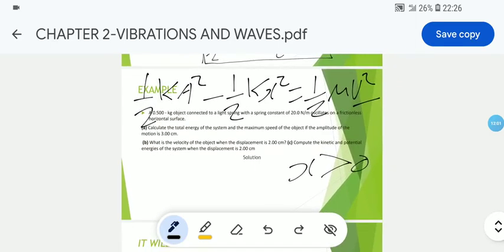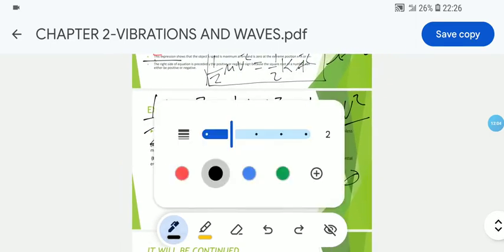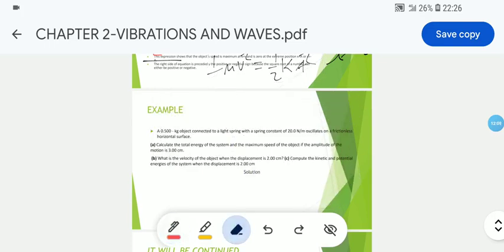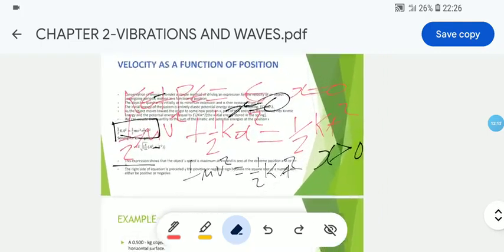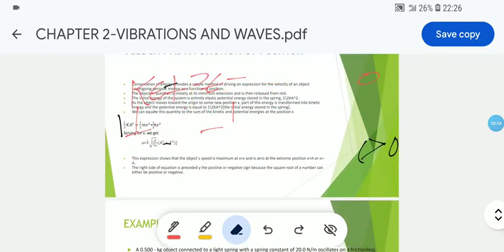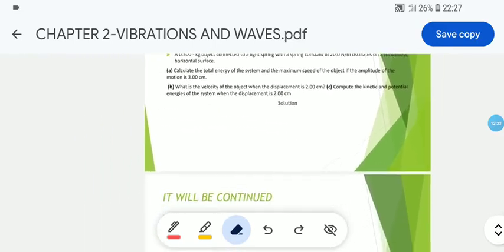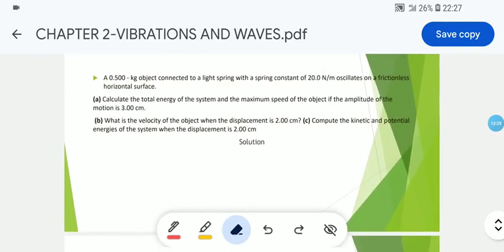Then from that we can solve some examples. This is an example from college physics. We are given a 0.5 kg object connected to a light spring with a spring constant of 20.0 N/m, oscillating on a frictionless horizontal surface.